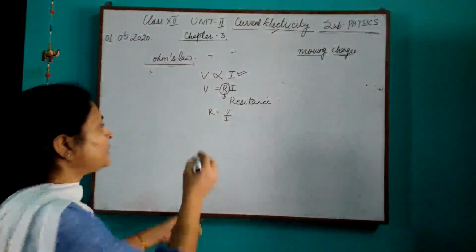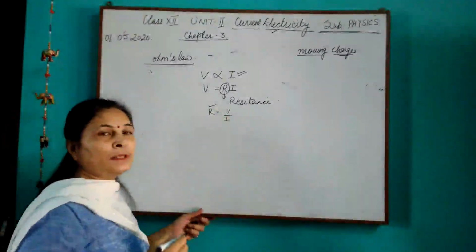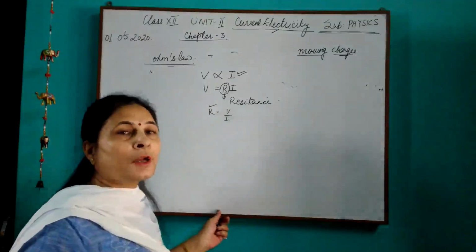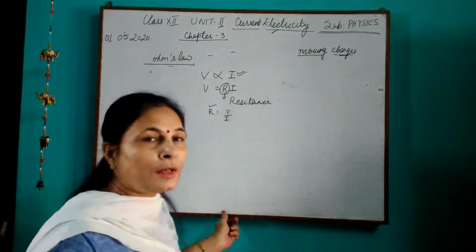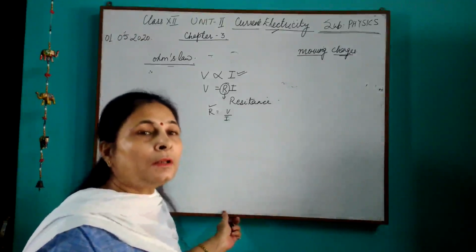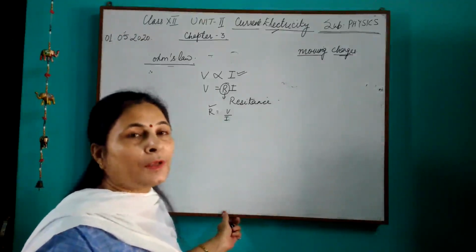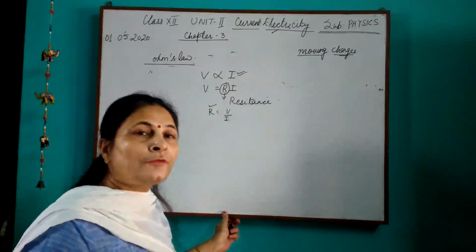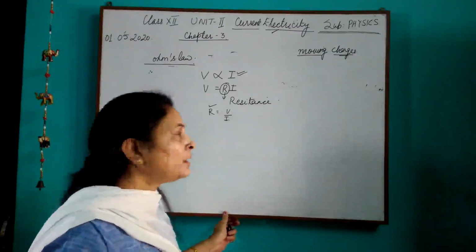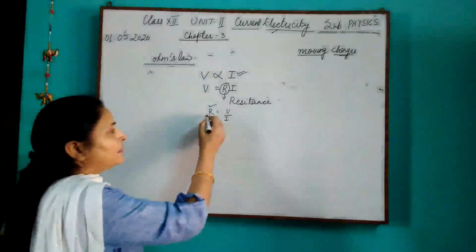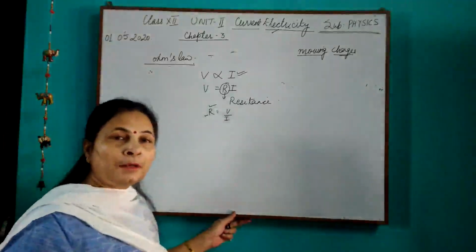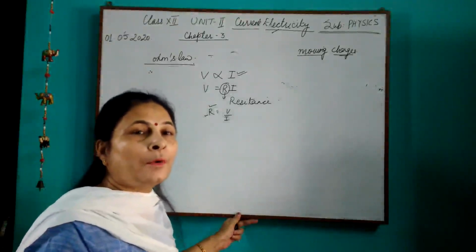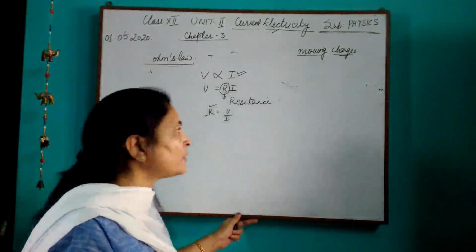Physically, what is the resistance? As the name suggests, it resists the flow of charge carriers or electrons in the given conductor itself. So the opposition which a conductor offers to the flow of electrons inside it is known as resistance. And different materials have different resistances depending upon their atomic structure.